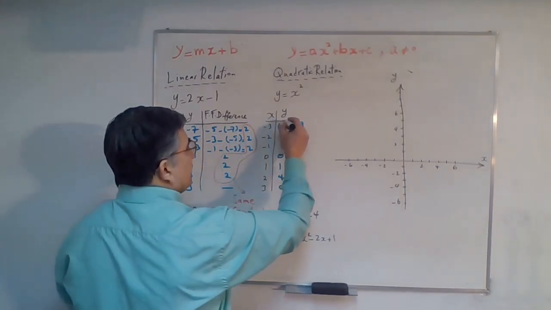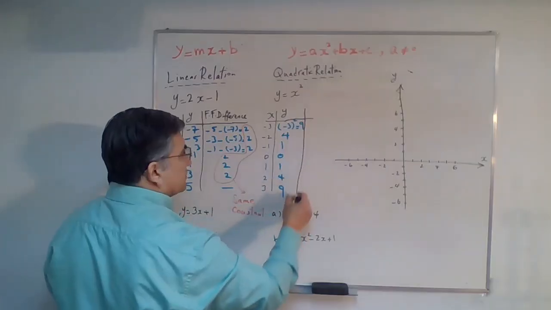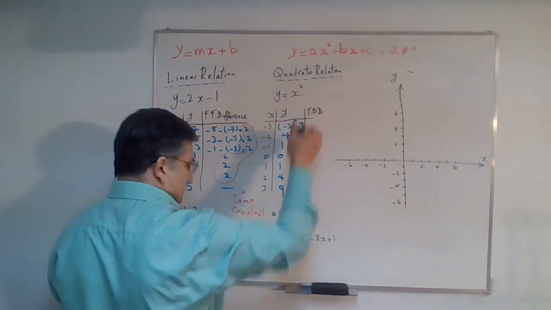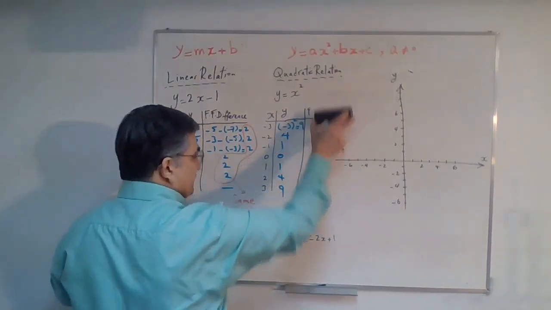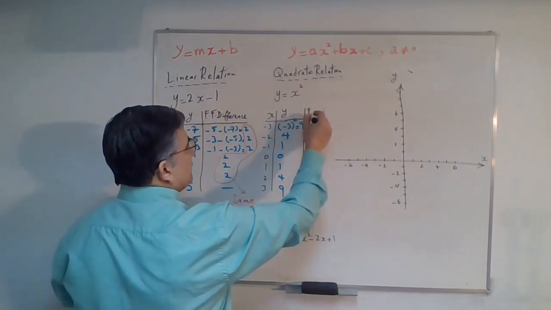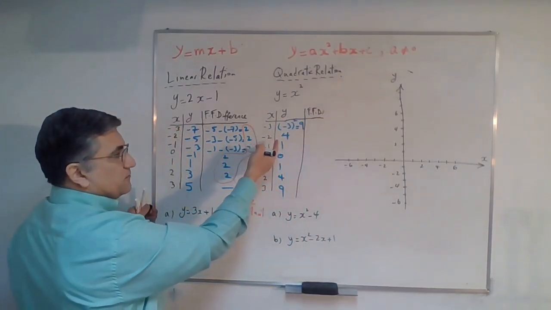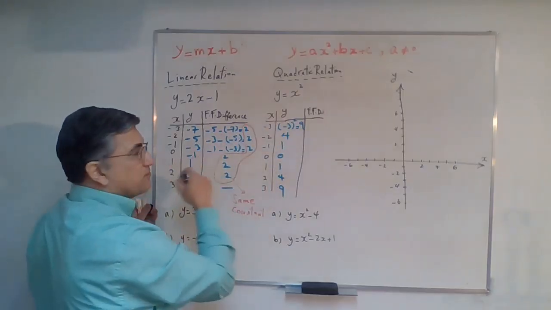And then if we construct a similar column, first finite differences, so FD I call it sometimes, first finite differences, that will be bottom number minus top number.